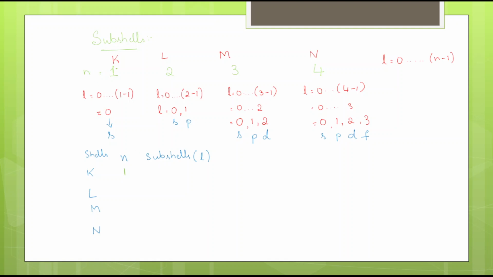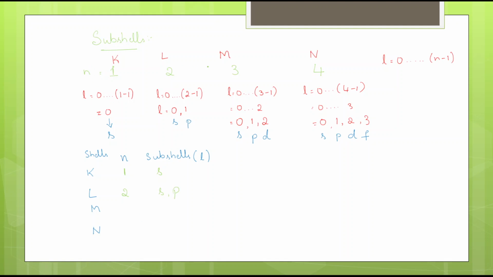If N is 1 or K shell, we have only the S subshell. In the L shell, the N value is 2, so the L value will be 0 and 1. 0 and 1 indicate the S and P subshells.